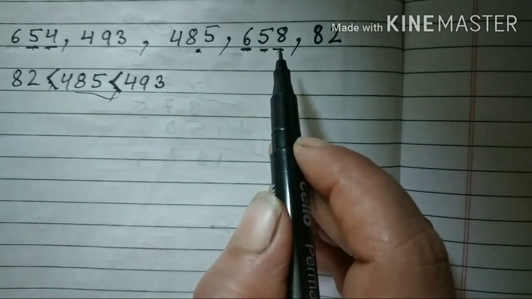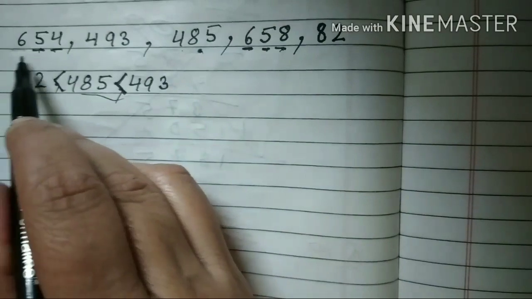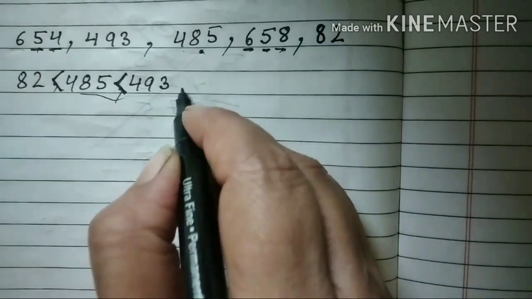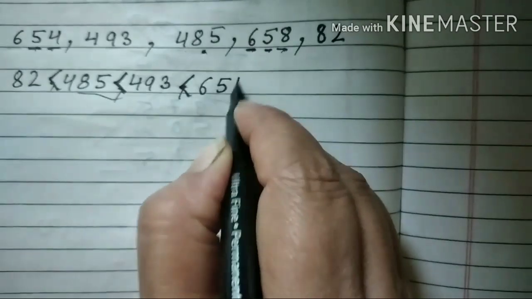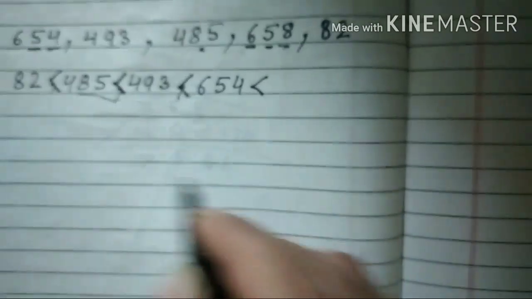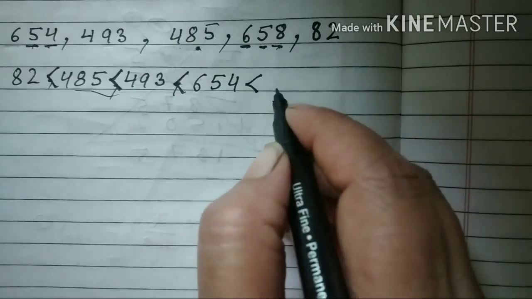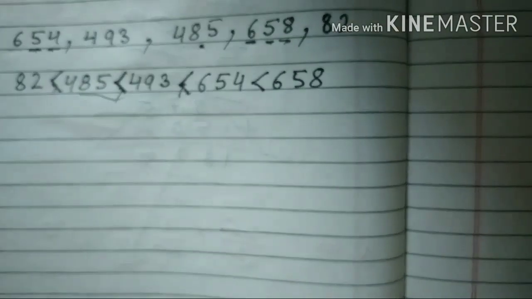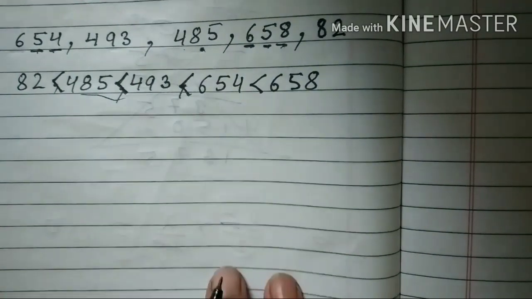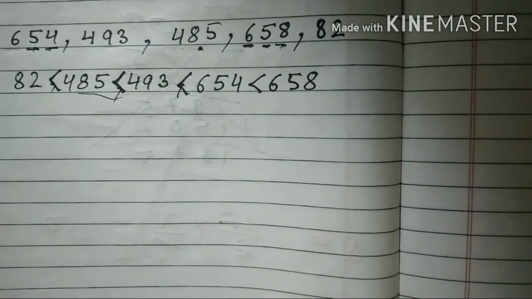So which number is smaller? 654. 654, then again the smaller than sign, and then 658. So now in this way we can write the numbers in ascending order.